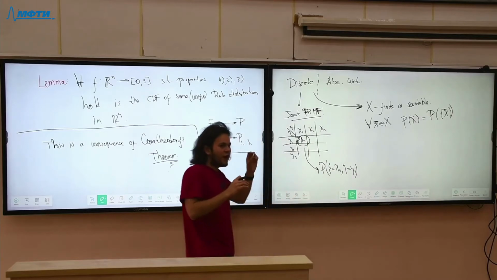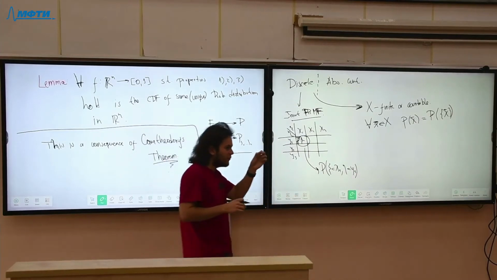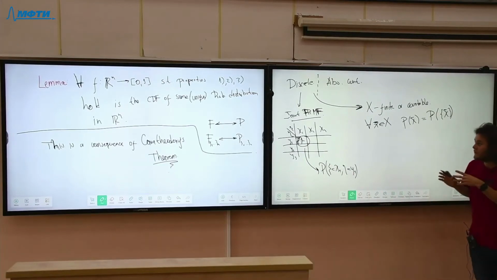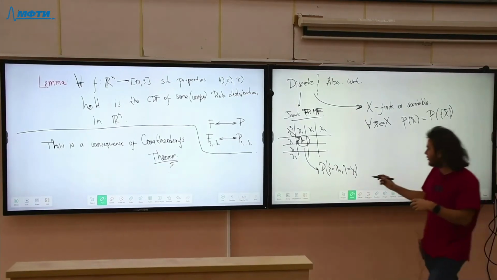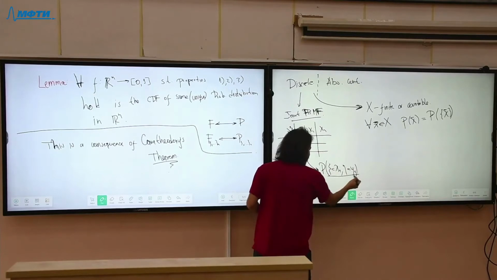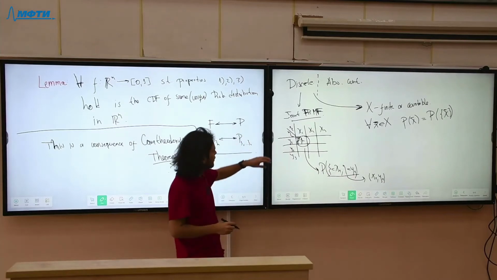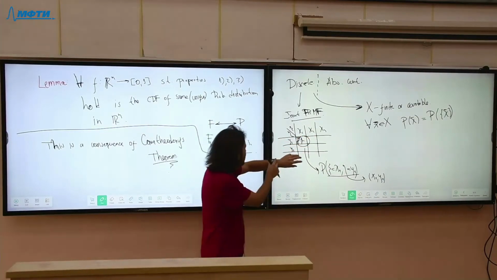So we find the probability of each point, because this is the discrete case. Like here, we have in this case the point x1 and y1, so we can define the probability of each point.